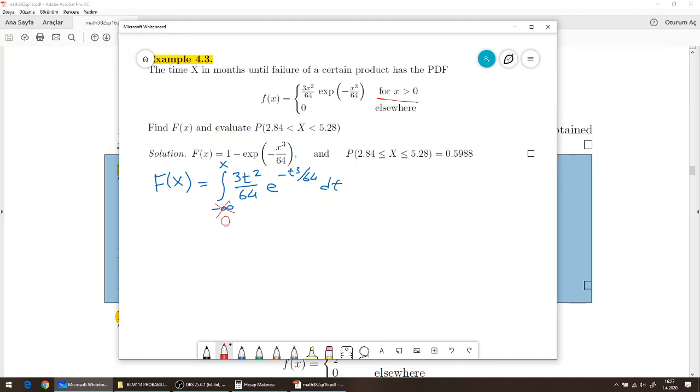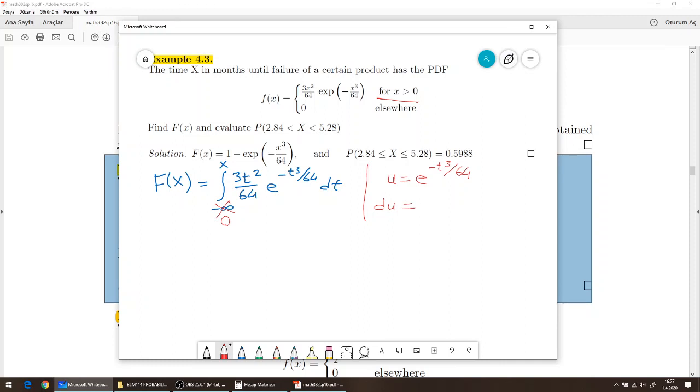We have to make a conversion. The best solution is to make a change of variable, u equals e to the power minus t cube over 64.